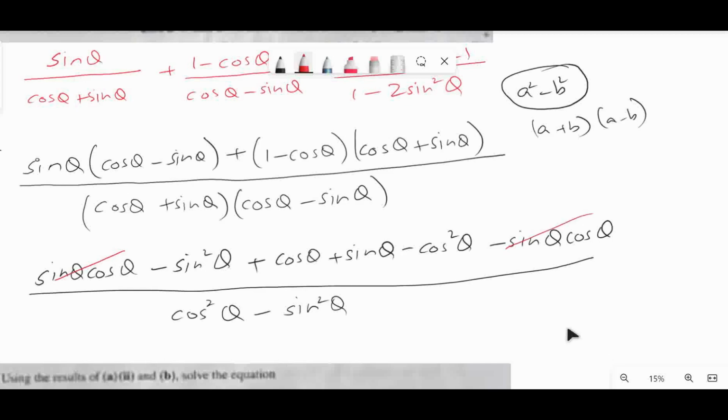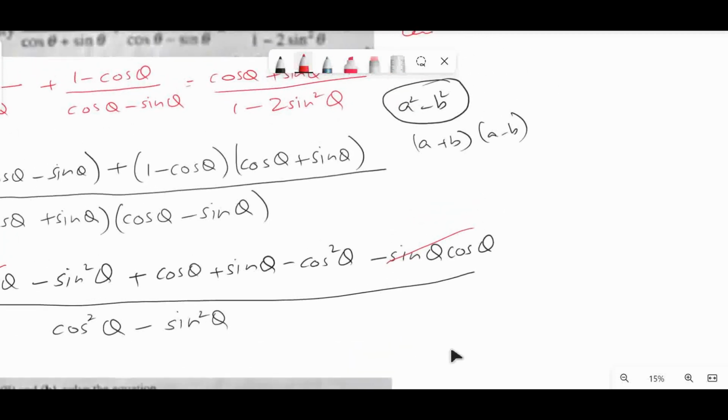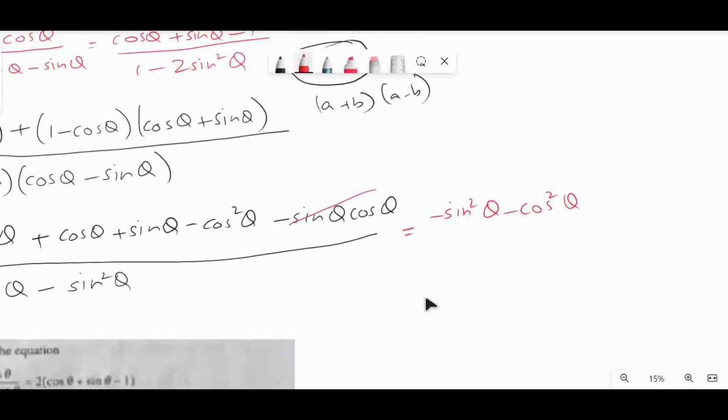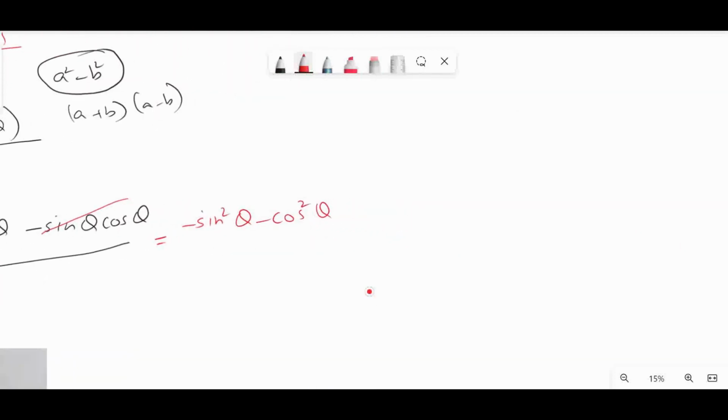So now this will become minus sine square theta minus cos square theta plus cos theta plus sine theta, whole divided by cos square theta minus sine square theta.